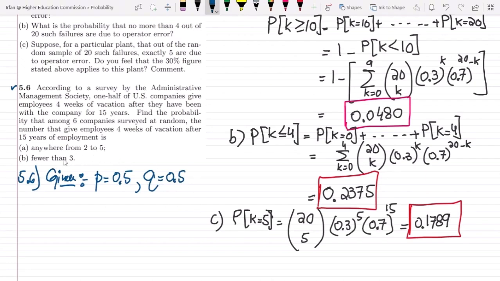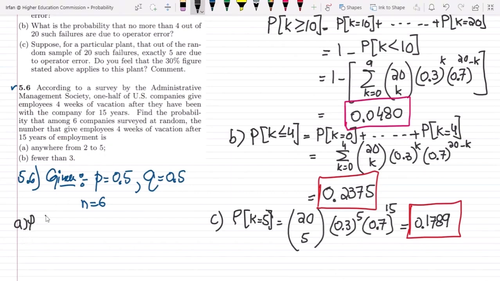Out of it, what do we have to find out? If 6 companies are surveyed at random, which means n is 6, we have to find out the number that give employees 4 weeks of vacation after 15 years of employment, anywhere from 2 to 5. So what do I have to find out in part A?